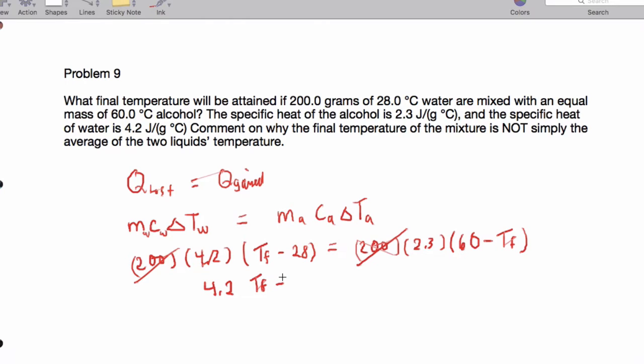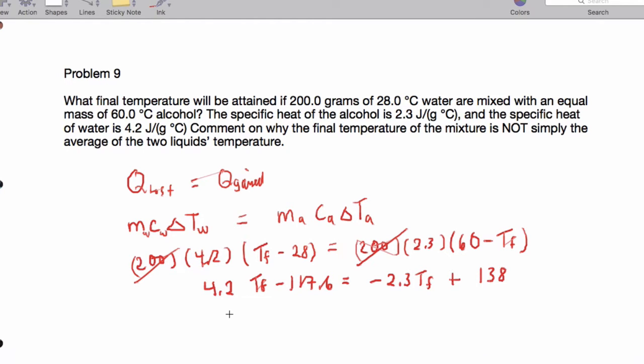TF minus, again, I'm getting 117.6 equals negative 2.3 TF plus 138.